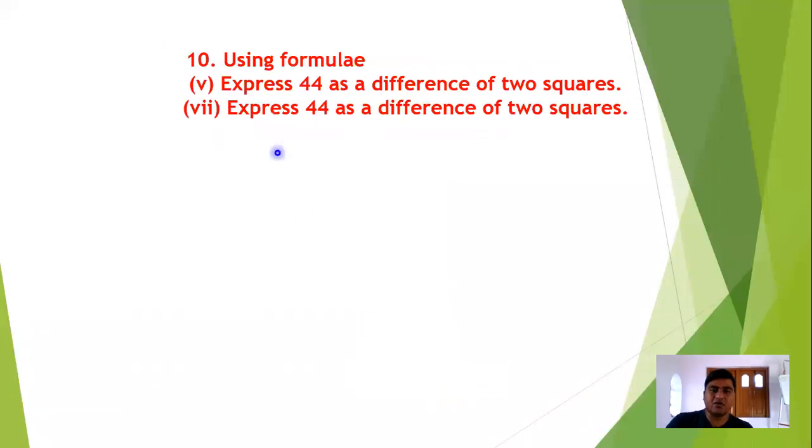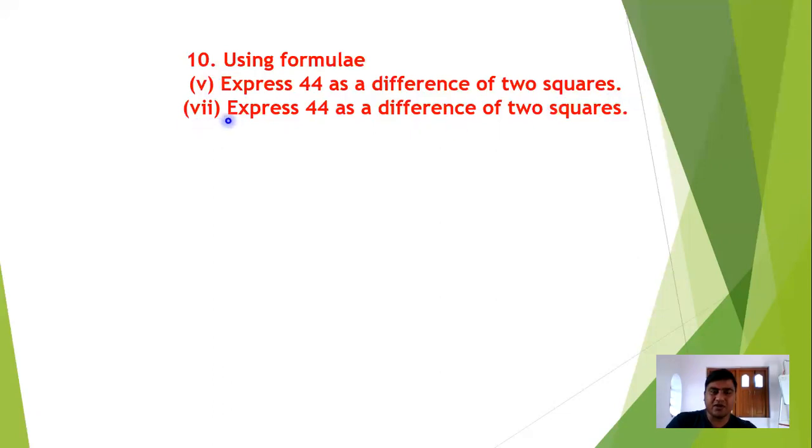Next, using the formulae, express, same exercise 12.1, problem numbers 10.5 and 10.7. There are two sums. Express 44 as a difference of 2 squares.